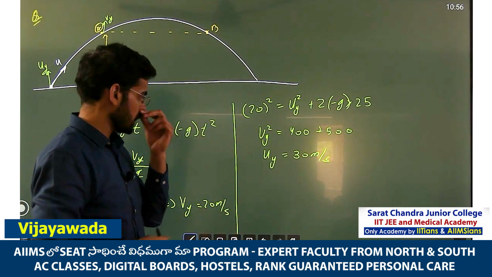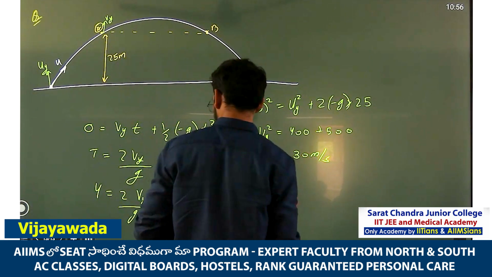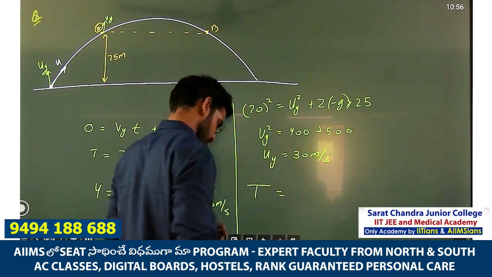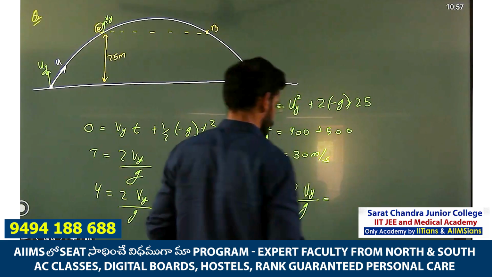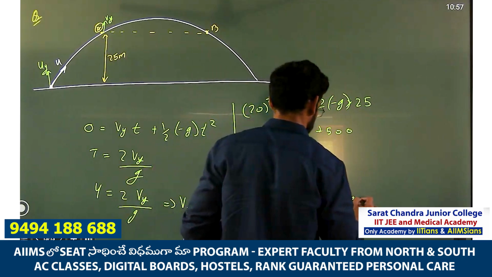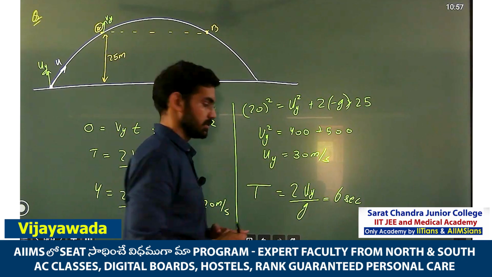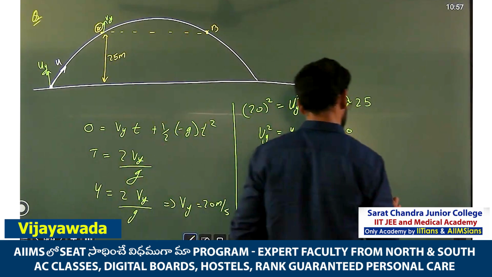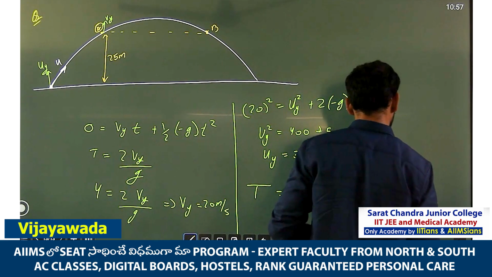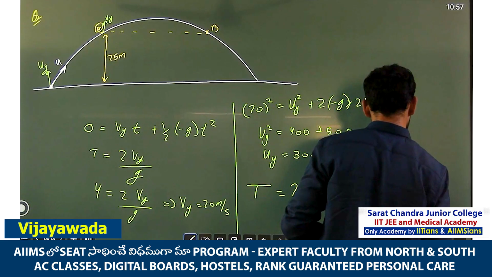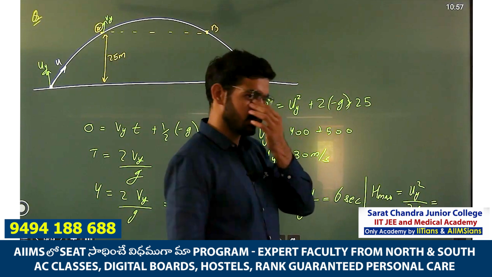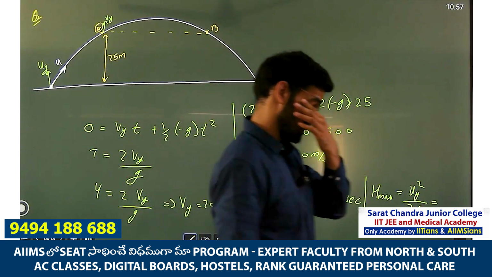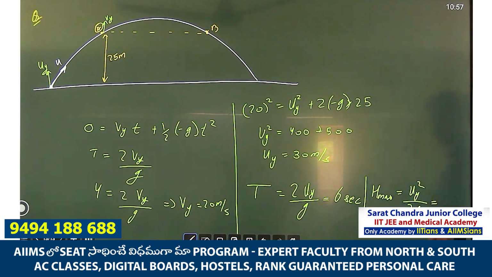Got it. Time of flight formula: 2 Uy by g. That is 6 seconds. Right? Maximum height formula: Uy square by 2g. How much? 900 by 20. 900 by 20 how much? 45 meter.